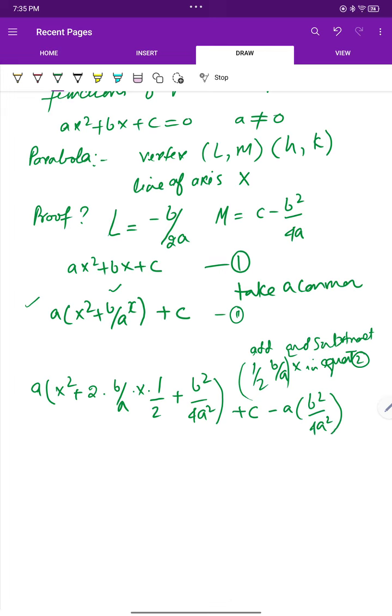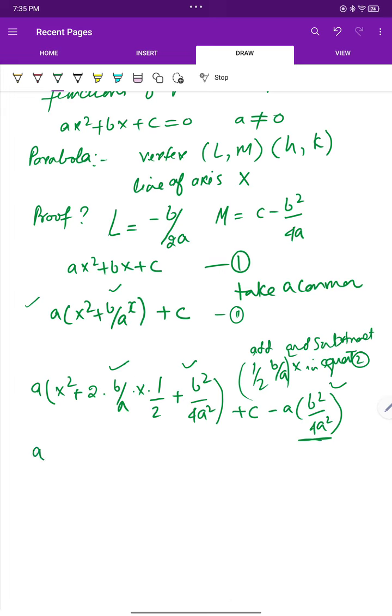Because when we add this one, we now have to subtract it also. The a we took common will also be included here. So this term we add and subtract from the equation, so we make this one a perfect square.